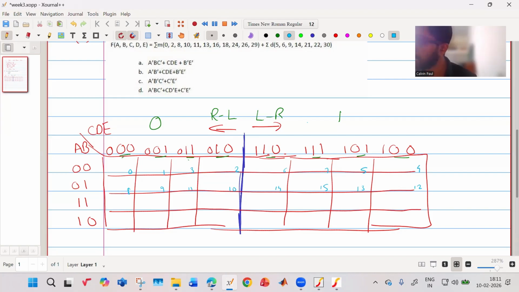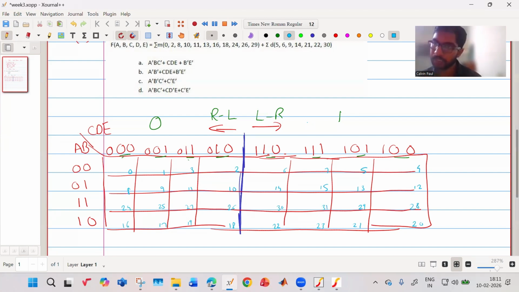Then we have to go here: 16, 17, 18, 19. Then here: 20, 21, 22, 23. Okay, then we go back here: 24, 25, 26, 27, 28, 29, 30, 31.